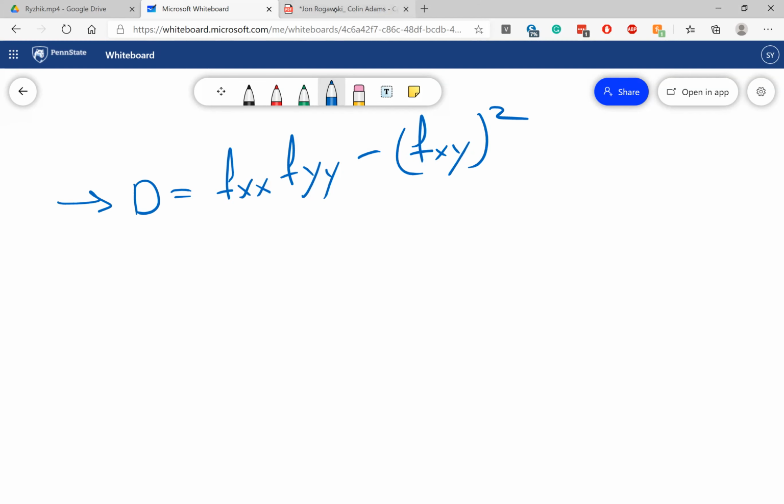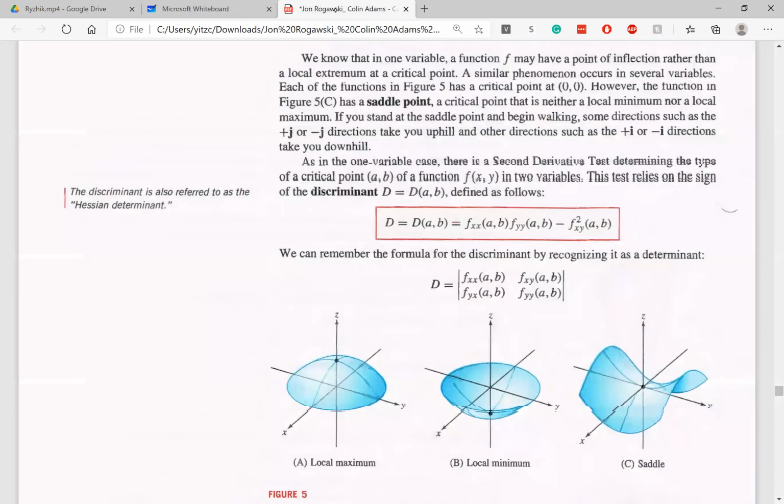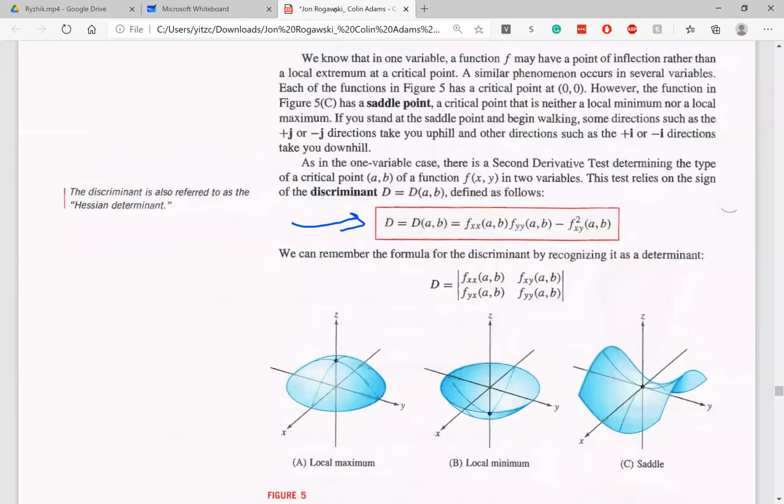In Calc 1, there are only two options: we can either have a maximum or a minimum. But in multivariable calculus, we can have a maximum, a minimum, or a saddle point, where in one direction we have a minimum, but in the second direction we have a maximum.